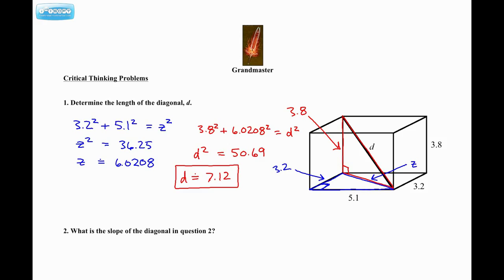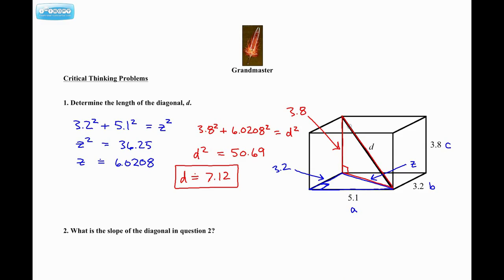And that one's done. Just a little aside here. There actually is a formula that will give us this diagonal in one shot without having to use Pythagoras twice. I'm not going to get into the nitty-gritty details. I'll just give you the result. So let's say this was A, this is B, and this is C. So A, B, and C are the dimensions of the box.